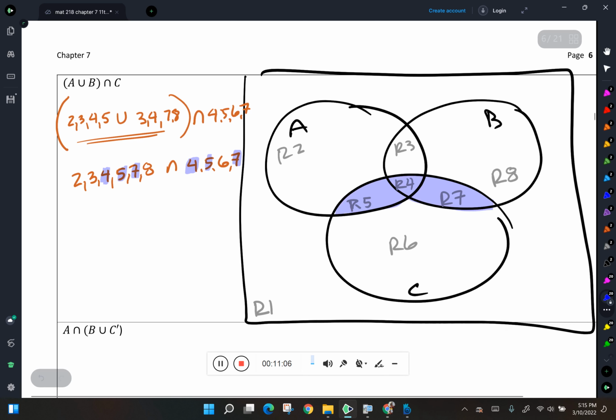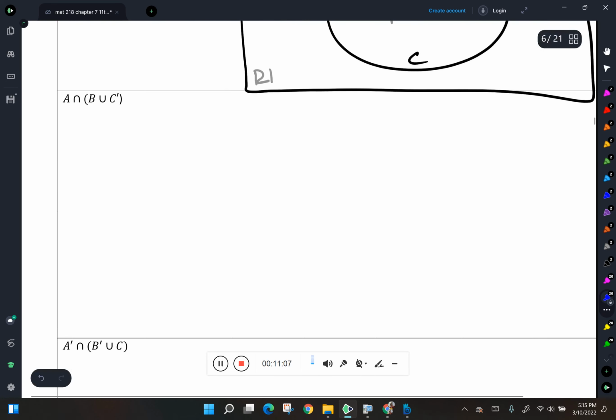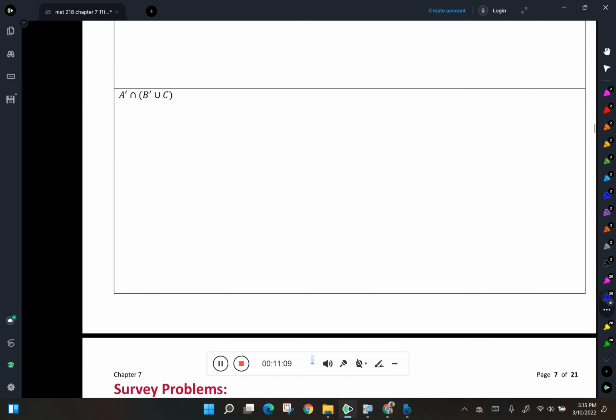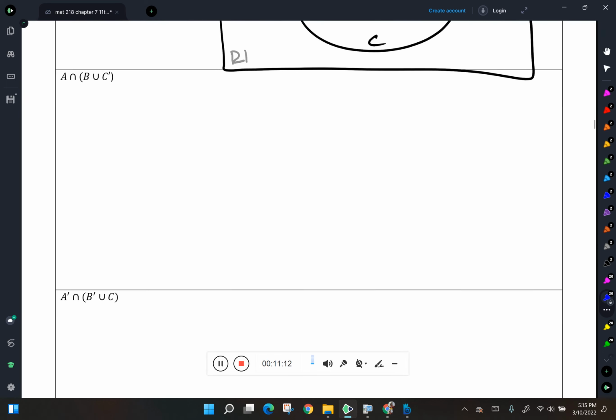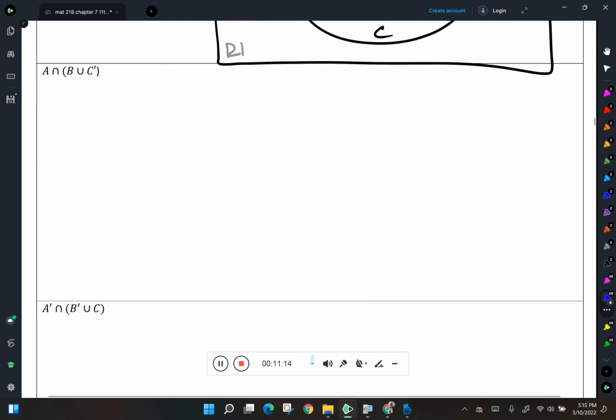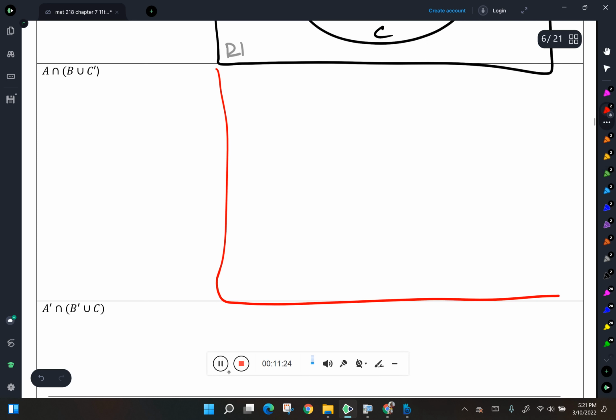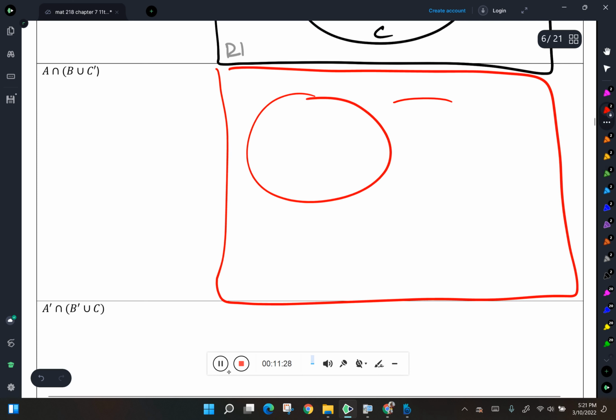Okay. And then I've got A intersection B, and I've got 2 more of these things to do. Whoa, these are going to be challenging. All right, I think I can do this one. Okay, so let's make this one happen. I'm going to change up my pen color. We're going to go with red. And I'm going to draw my universe and place my sets inside of my universe.